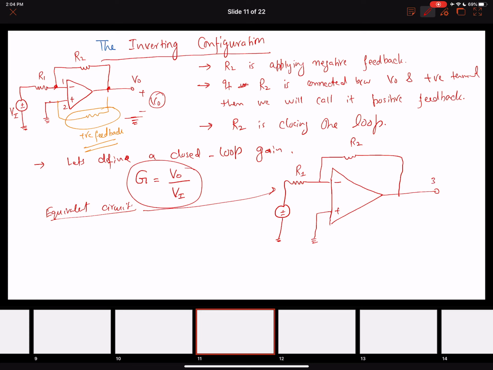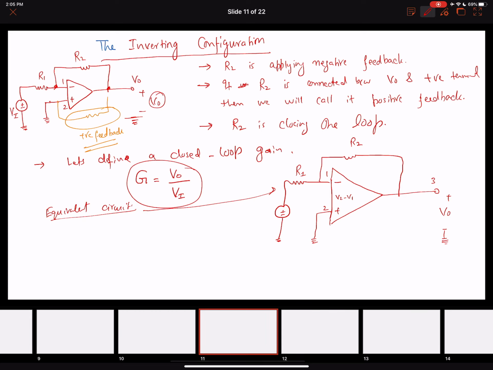This is terminal number 3, plus minus V naught, and this is terminal number 1 and 2, and we know that this is V2 minus V1, this is Vi, and the current that goes over here is Ii.